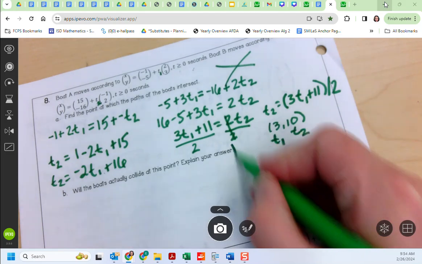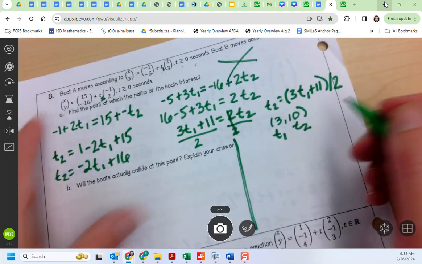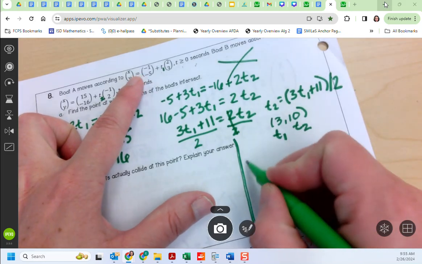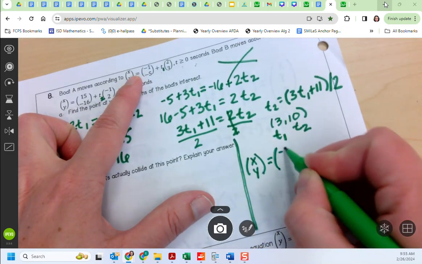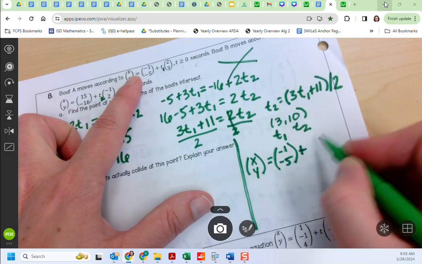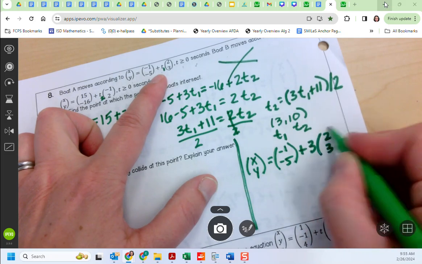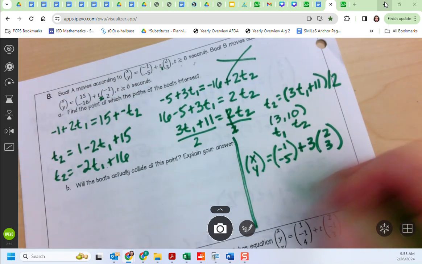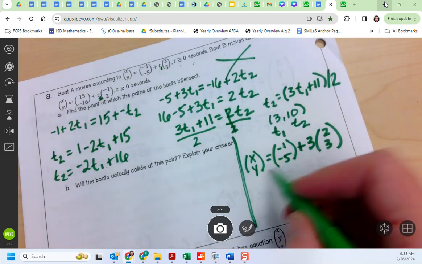So I'm still working on part A here, so I just made myself some more space over here. I have x, y equals negative 1, negative 5 plus time 1, so that's 3 times 2, 3. All right, so then 3 times 2 is 6 plus negative 1 is 5.